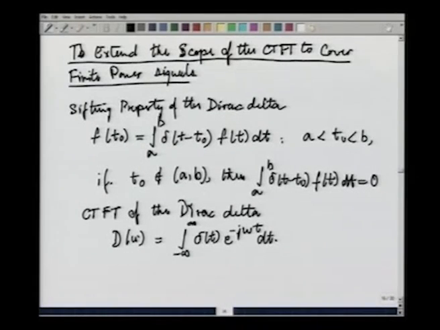The Dirac impulse occurs at t equal to 0. So, this entire integral will simply evaluate to the value of e to the minus j omega t at t equal to 0. That is to say, it is equal to e to the minus j omega 0, which is equal to 1. That means, the Fourier transform of the Dirac delta is the constant 1.